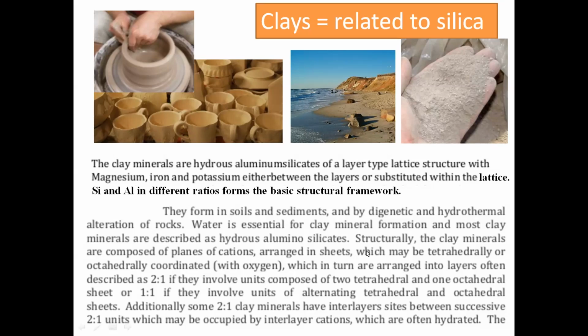Structurally, the clay materials are composed of planes of cations arranged in sheets, like graphene sheets, which may be tetrahedrally or octahedrally coordinated with oxygen. These cations are aluminum and silicon.